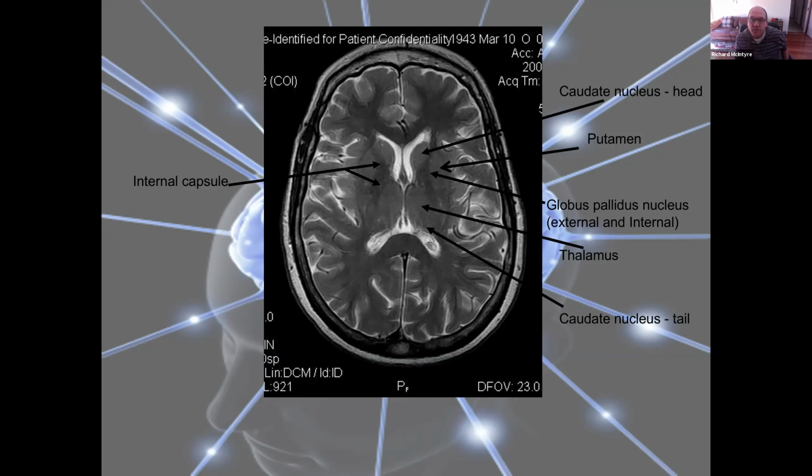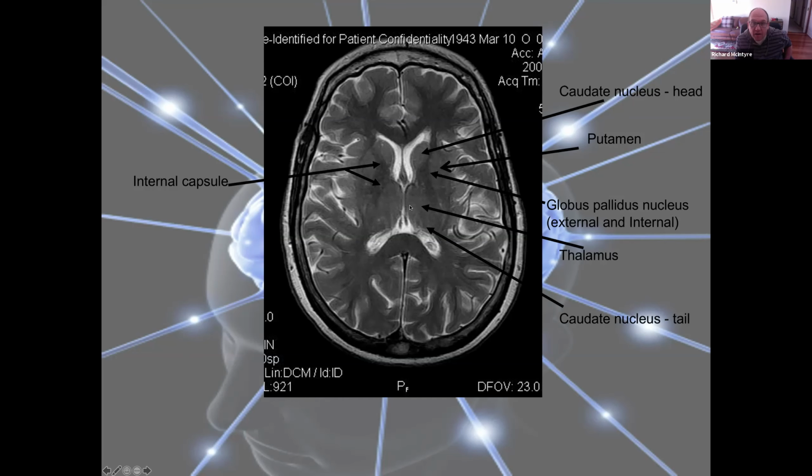They deliver messages between the caudate nucleus, which is the head there, and the tail here, and the putamen, which is out here, and the globus pallidus, internal and external, which is in here. So the internal capsule runs between these structures. It's essentially just a white matter tract. Of course, we've also got the thalamus.